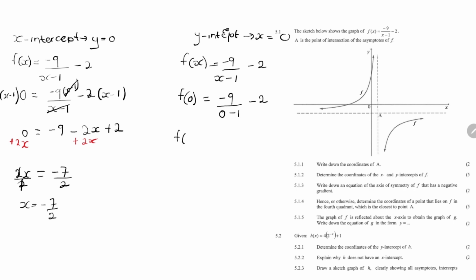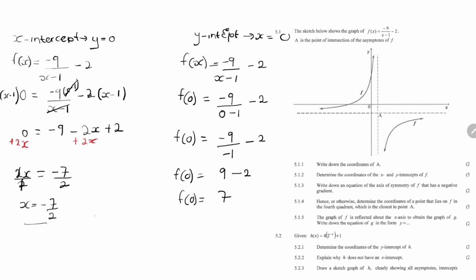So f of 0 equal to negative 9 over 0 minus 1, that is a negative 1, minus 2. So f of 0 equal to, this is the same as a positive 9, minus 2. So f of 0 is equal to 7.